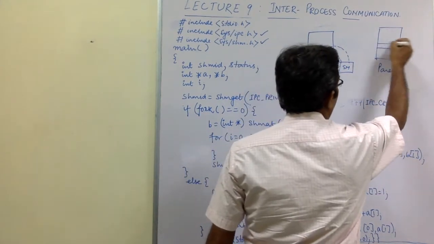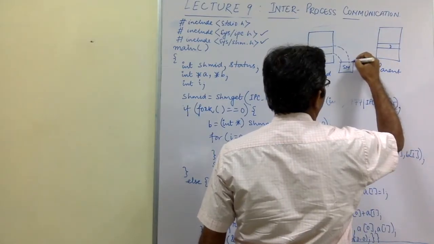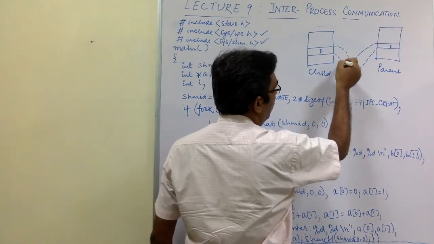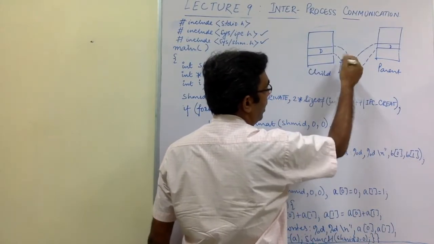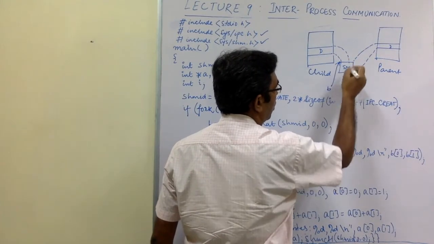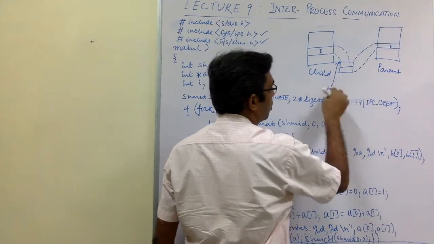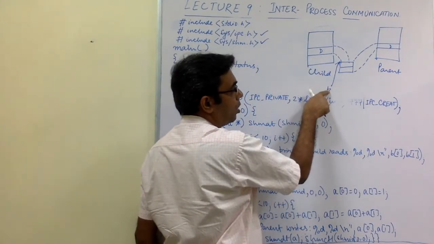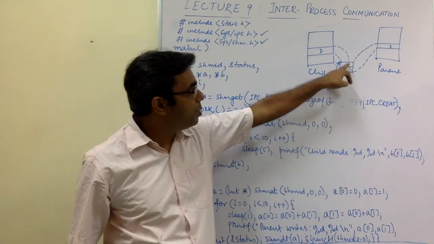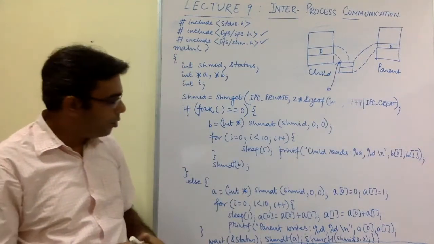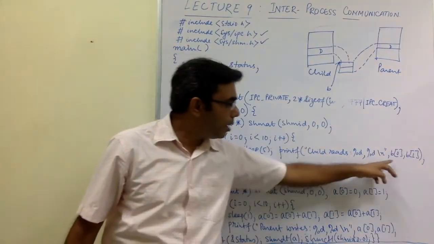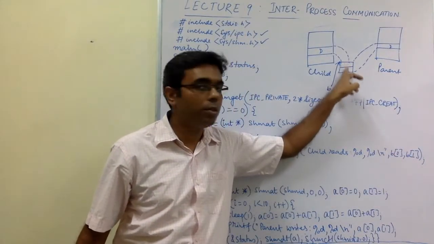The parent data segment also has the shared memory segment attached. Now the pointer to this in case of the child is B. So this is of 2 integers. When you are at the child process, the pointer to this shared memory is through the pointer called B. So this is B0 and B1. What the child will be doing is, it will be running a loop and will be reading the values of these two, B0 and B1.